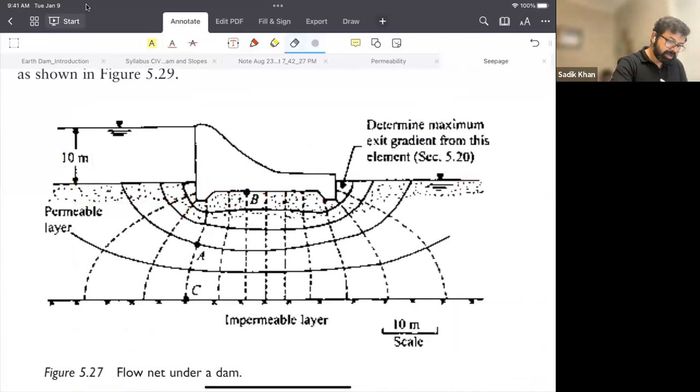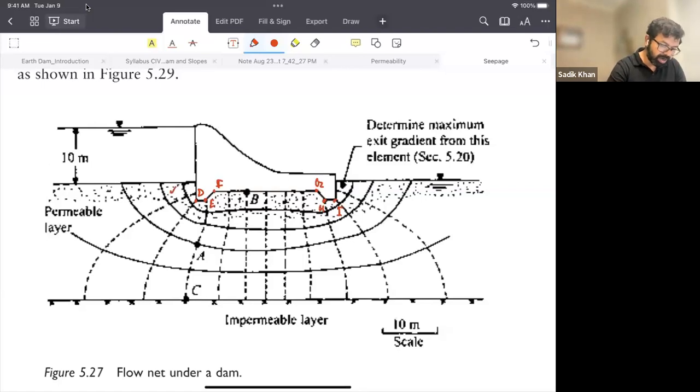In this problem, this is D, E, F, G, H, I. What is the drop at point D?